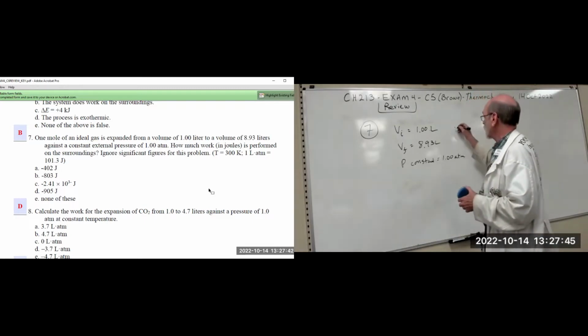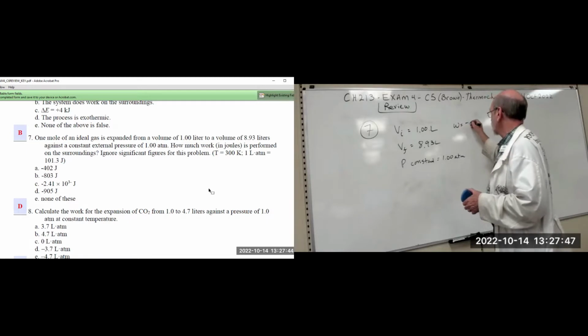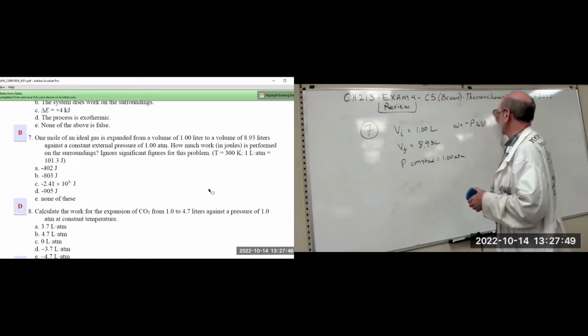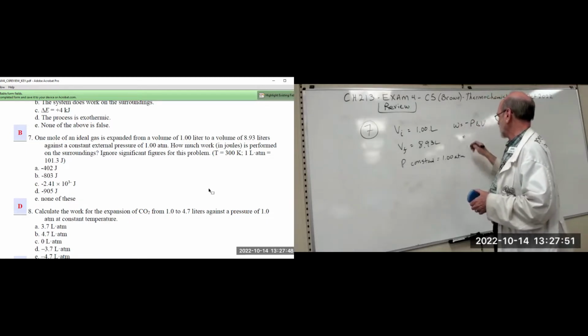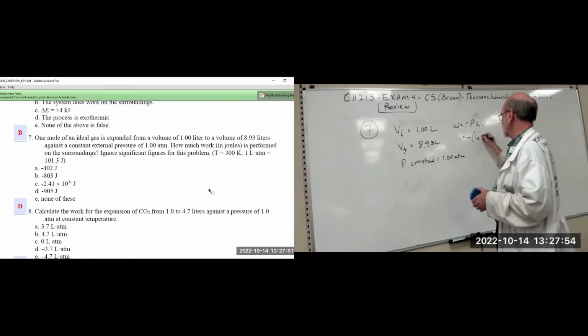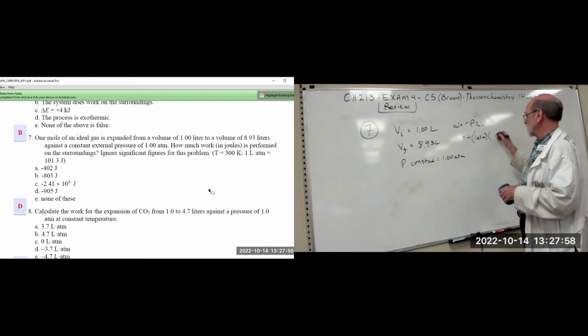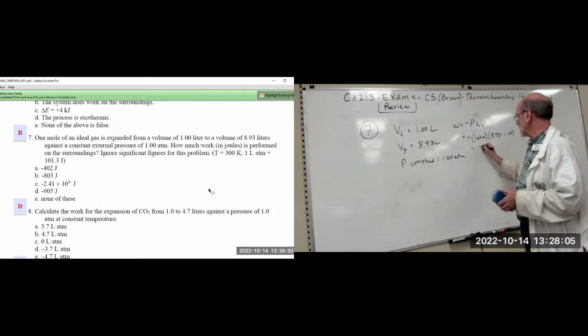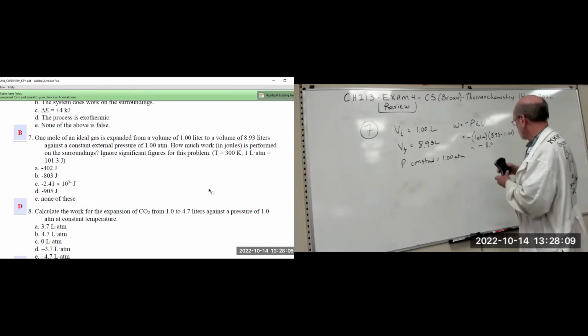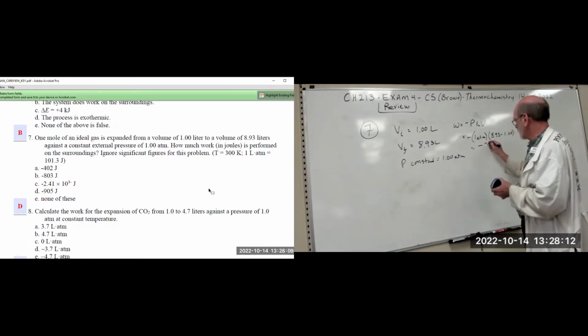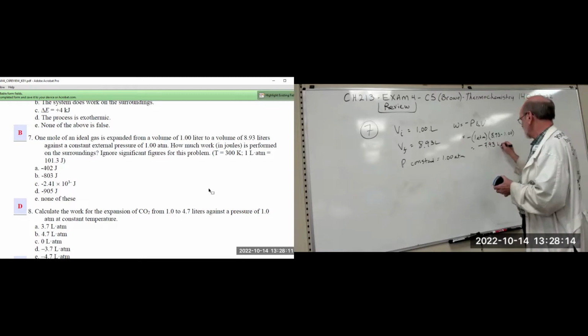So we know that we can calculate work as minus P delta V. Minus pressure, 1 atmosphere, and change in volume is final minus initial. So subtract 1, we get 7.93 liter atmospheres.